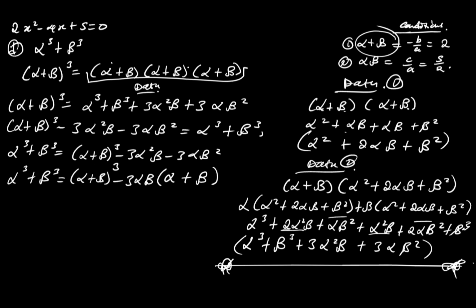But I don't know what this guy is, so I had to factorize. I had to factor out 3 alpha beta. So I also put out the negative because my other condition is alpha plus beta, you see. Then I can pull out and end up having alpha beta. So when I put out the 3 and the alpha beta, I end up having minus 3 alpha beta outside. Then I was multiplying by alpha plus what?